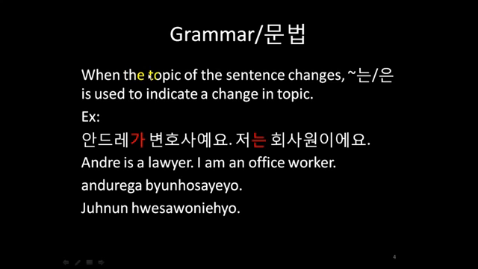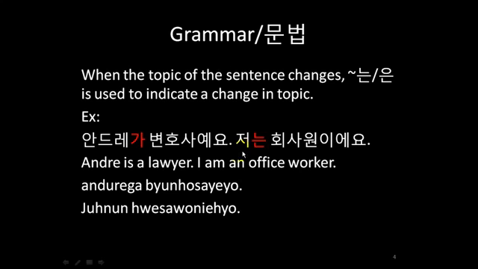Well, one situation where you use 는 or 은, the topic marker, is when the topic of a sentence changes. So for example, the first sentence is 안드레이가 변호사예요. The first sentence uses the subject marker 가. However, the sentence following that is 저는 회사원이에요. The second sentence uses the topic marker 는.